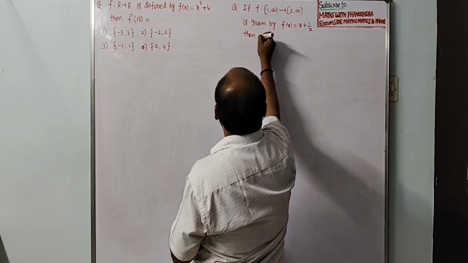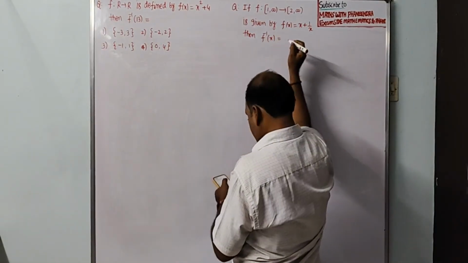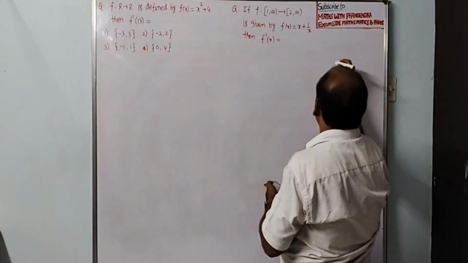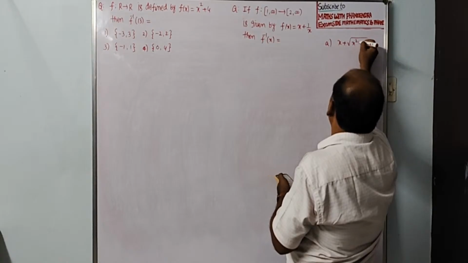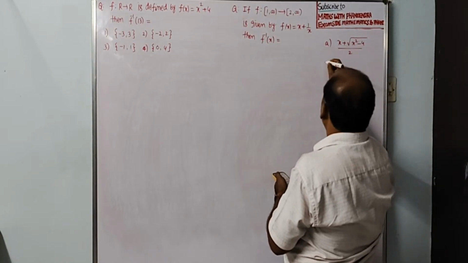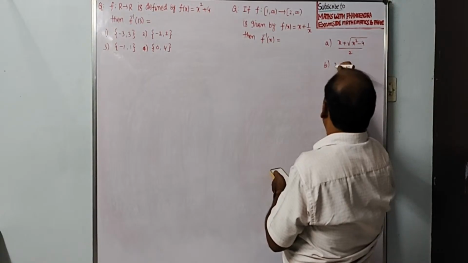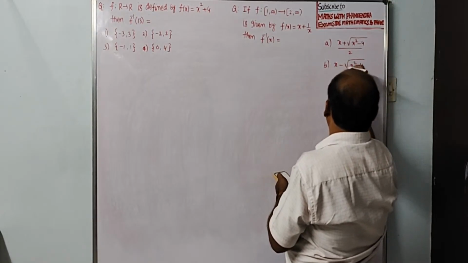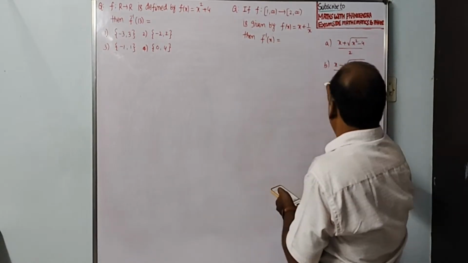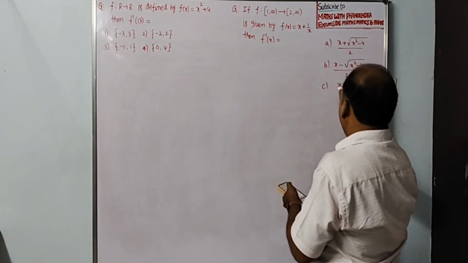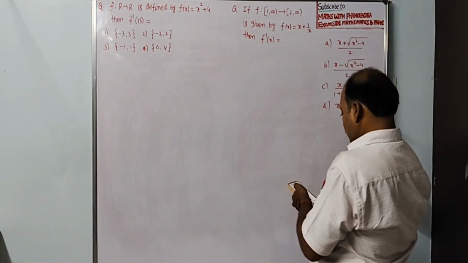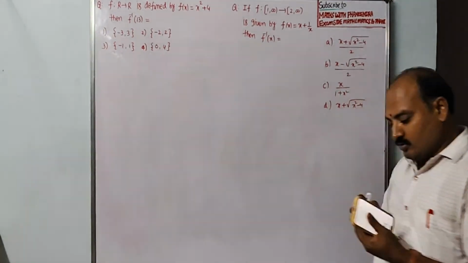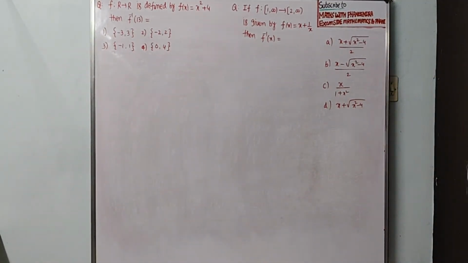Then f inverse of x equal to, so first option x plus root of x square minus 4 by 2, x minus root of x square minus 4 divided by 2, x by 1 plus x square, x plus root of x square minus 4. So these are the options that are available here, students.